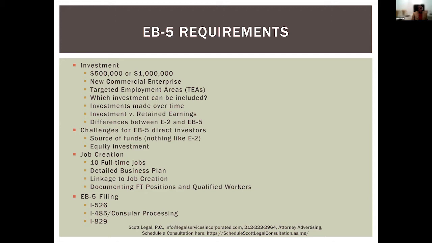You just have to categorize the amounts, trace them, and document them, but the investment can be made over time. It doesn't have to be one lump sum of $500,000, and I'm using $500,000 as the example, assuming that the entity is in a TEA, but it can be made over time.